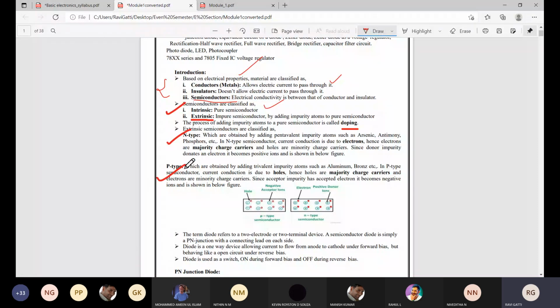So the element we add to the semiconductor, if it provides free electrons to the semiconductor, then such a type of doped material we call an n-type semiconductor.